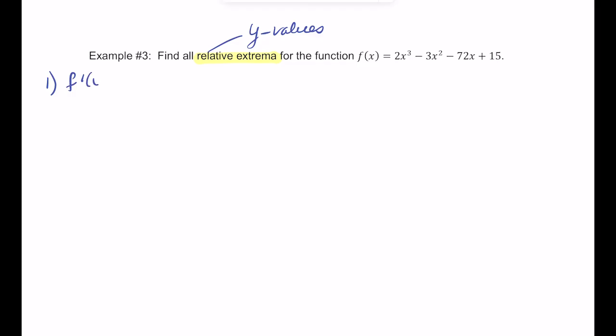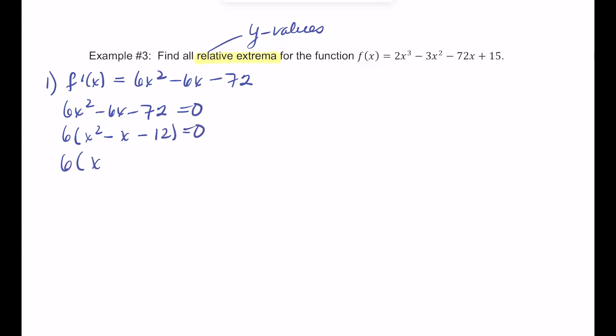To do that, I need to find the derivative. So I'm just going to use my power rule, and I would get 6x squared minus 6x minus 72. Okay, and we're going to take that function, set it equal to 0, and solve. So I can factor a 6 out of there.